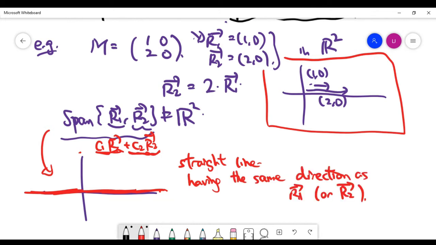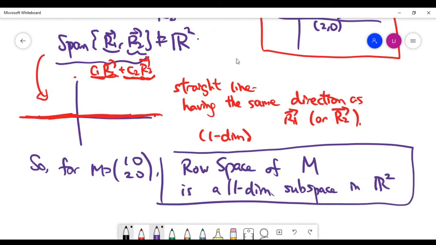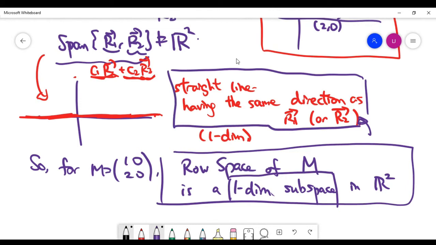Of course, a straight line is one-dimensional, right? So we can think of the row space of M as follows. The row space is a one-dimensional subspace in the xy plane. To be more precise, it is the straight line that has the direction governed by row 1 or row 2.